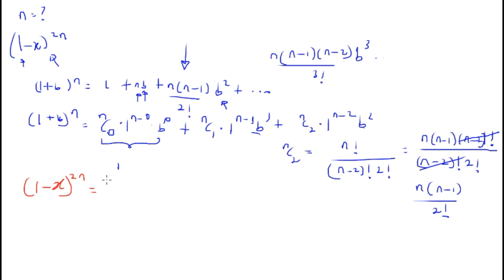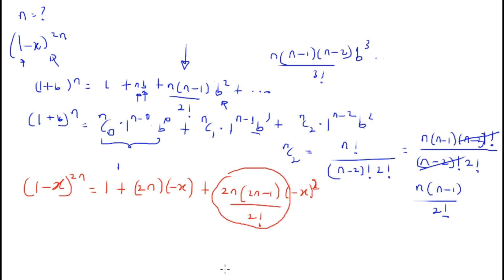That will be 1 + n, where n in this case is 2n, and b in this case is -x, plus 2n times (2n-1), with b squared being x squared, upon 2 factorial. So this is the coefficient of the third term.